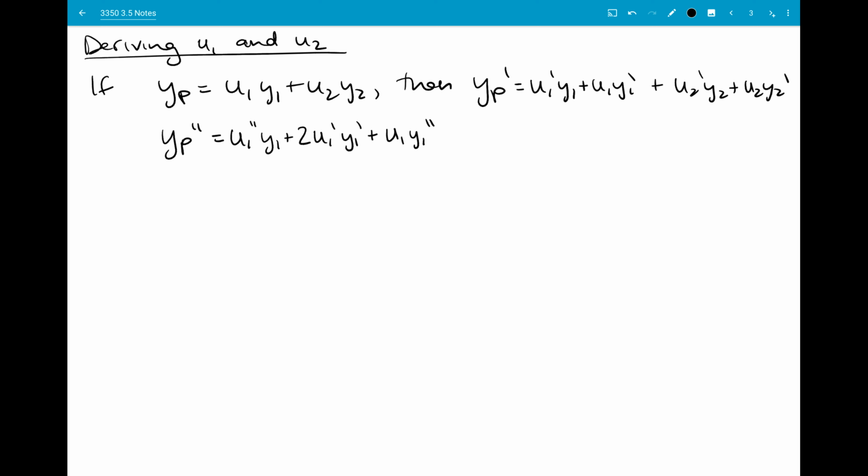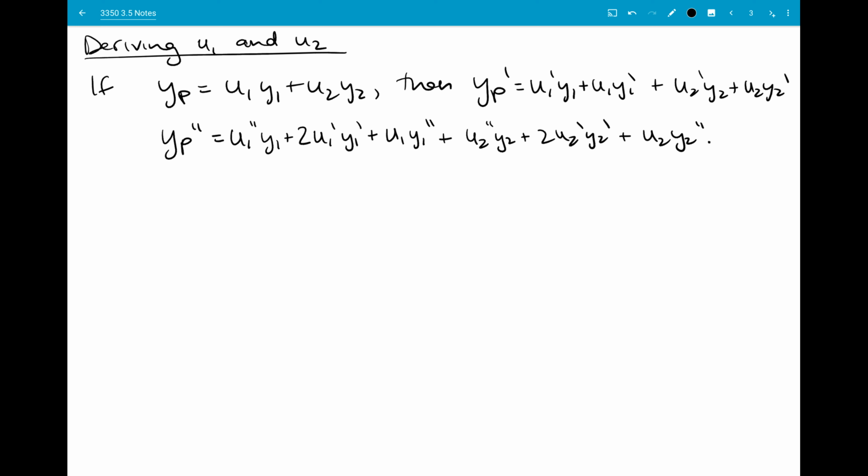And then u1 y1 double prime. Same pattern for our u2 and y2. And again, this is just the product rule applied to several terms. So we haven't done anything really extreme yet.